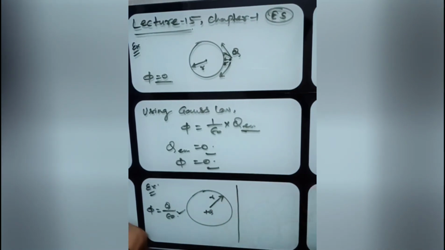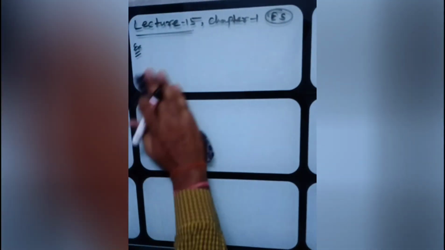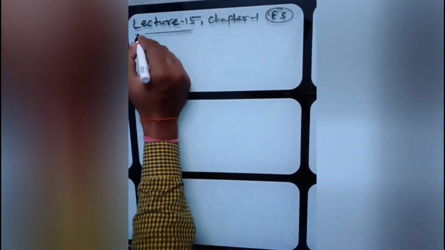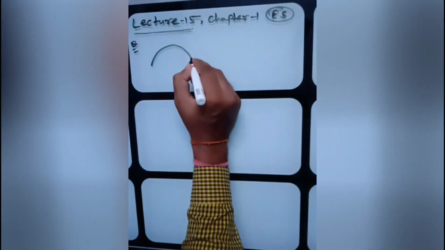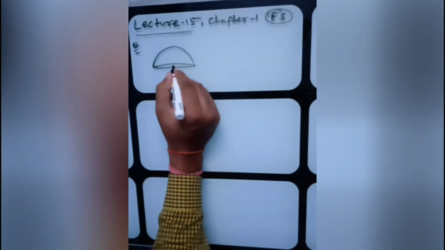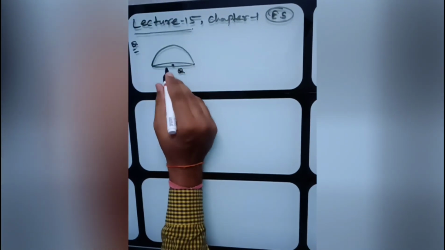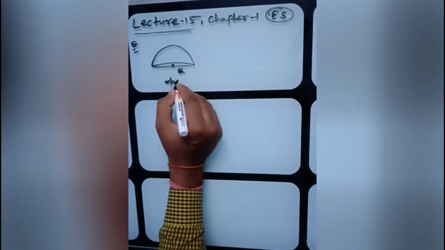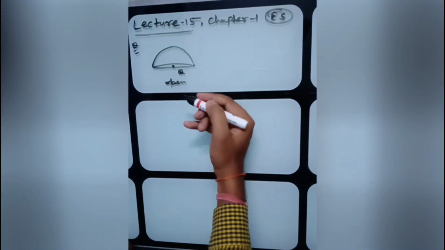Okay, students. Now the next question, next example. Here, a hemisphere. Okay, and it is open. And a charge is placed at the center. The charge is Q. Remember, this hemisphere is open from its open face.